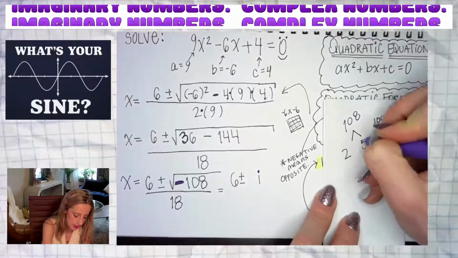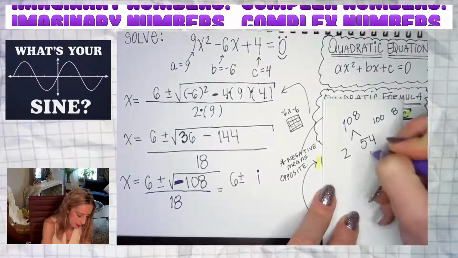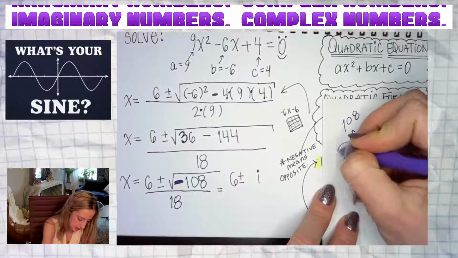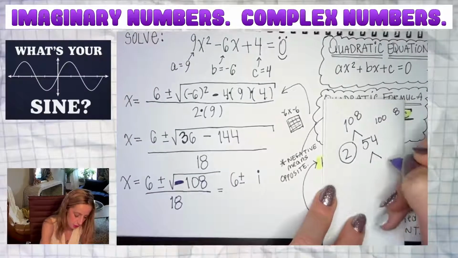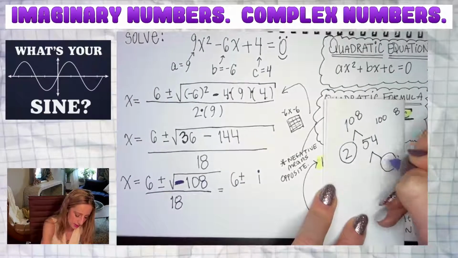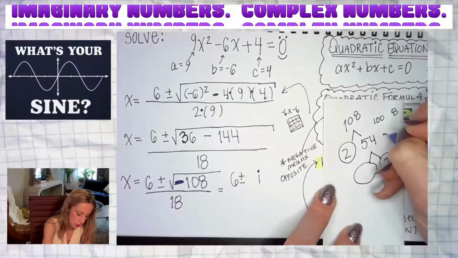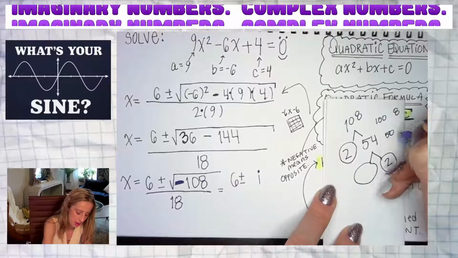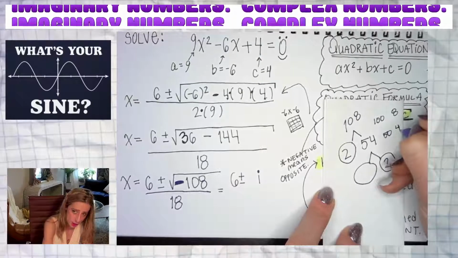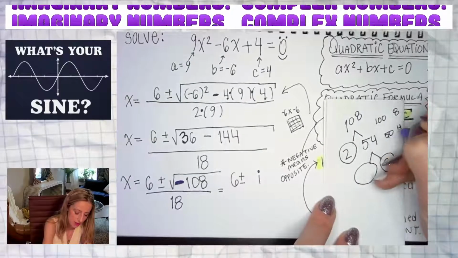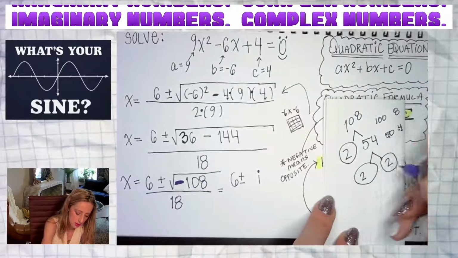So 2 times 54. We can't go more than that. 54, let's do that. 2 again times what? What's half of 54? Well, what's half of 50? 25. Half of 4 is 2. 25 and 2 makes 27.